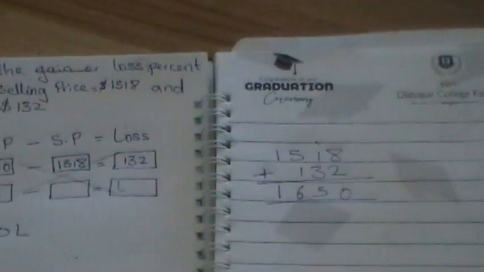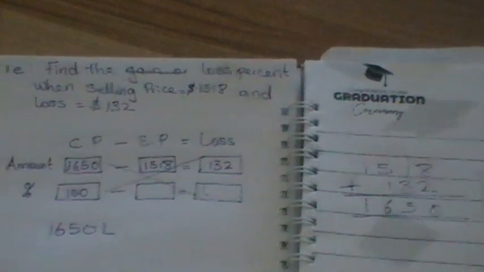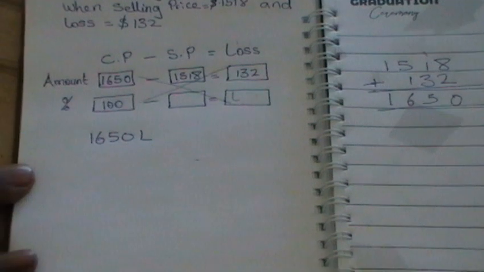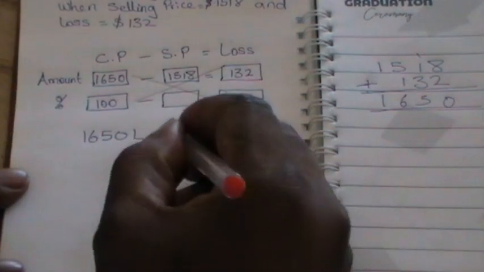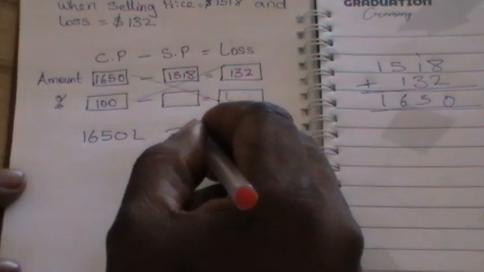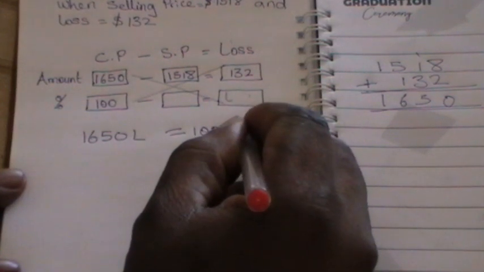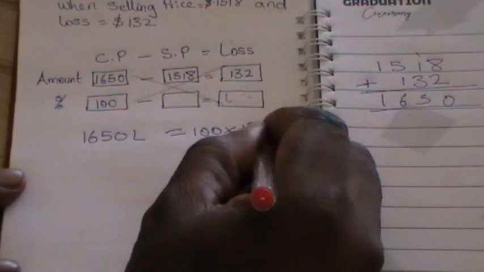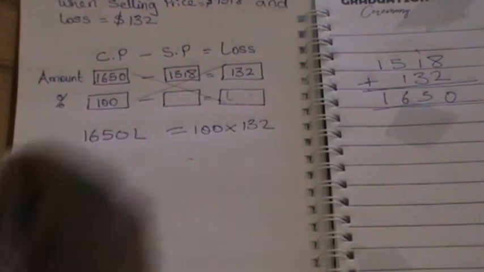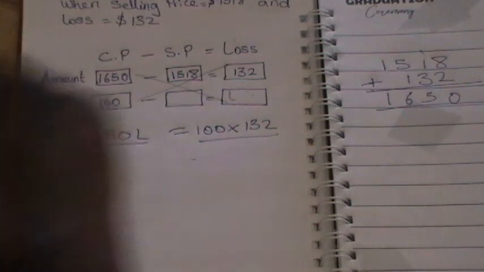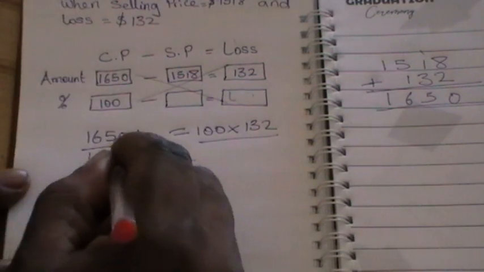I hope it's all easy. 1,650 L is equal to 100 times 132. To get your L, you divide both sides by 1,650.